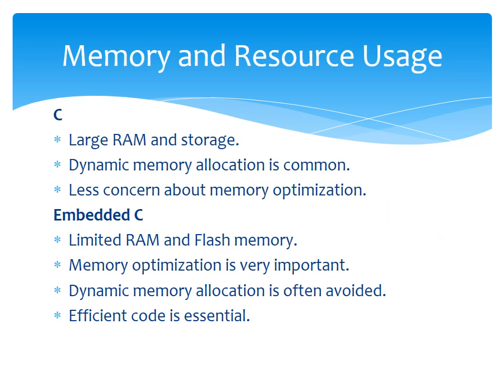The next category for the difference is memory and resource usage. When you look into C, C takes large memory and storage. It uses dynamic memory allocation, where the data can be stored anywhere. There is less concern about memory optimization, so reducing memory is not a very big concern when using C. Whereas in embedded C you have only limited RAM, and you have flash memory where you write the programs.